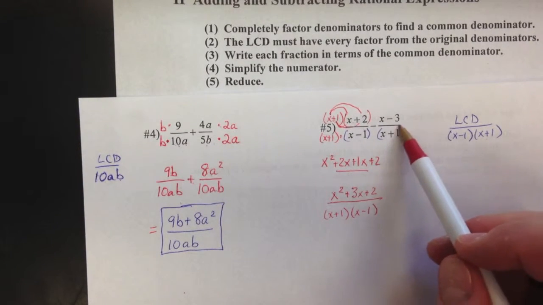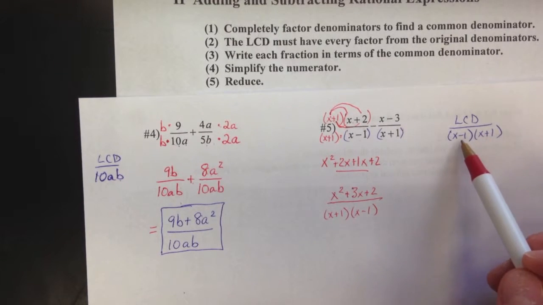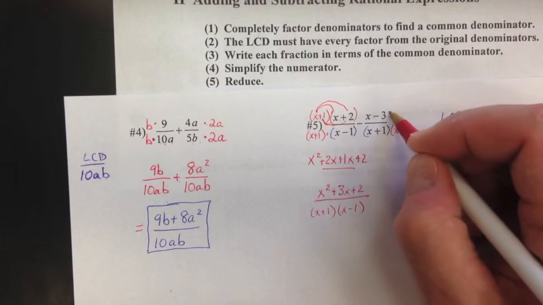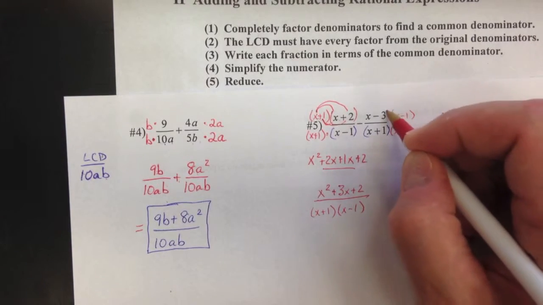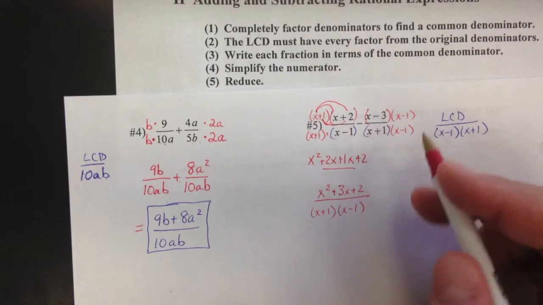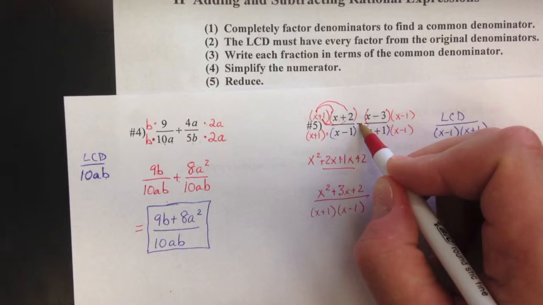Second fraction, we already have the x plus 1 from the LCD, but we need an x minus 1. So we're going to multiply by x minus 1. You'll notice I'm putting parentheses here to remind myself I have to double distribute. Now there's a subtraction symbol.